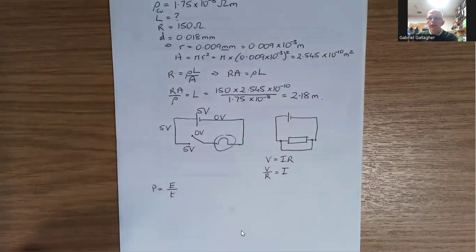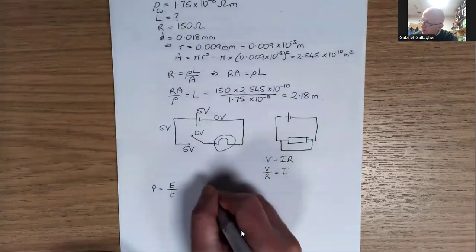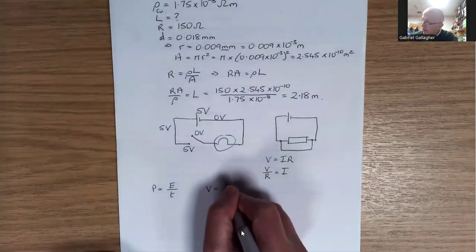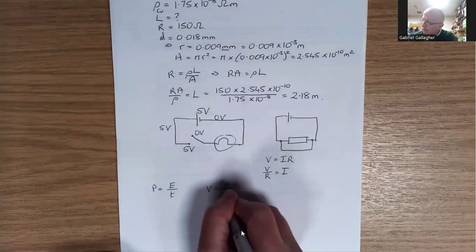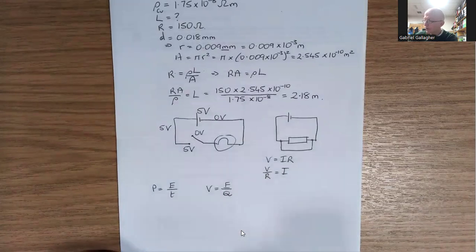When an electric current flows through a resistance, it loses energy. Remember, potential difference is the energy lost per coulomb of charge flowing.